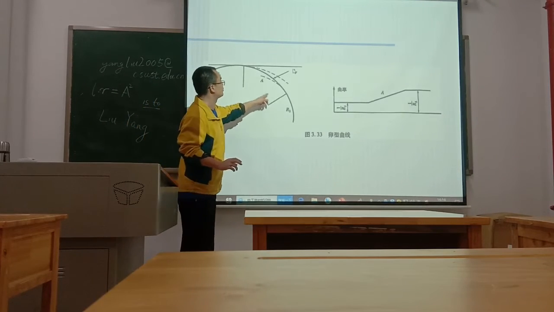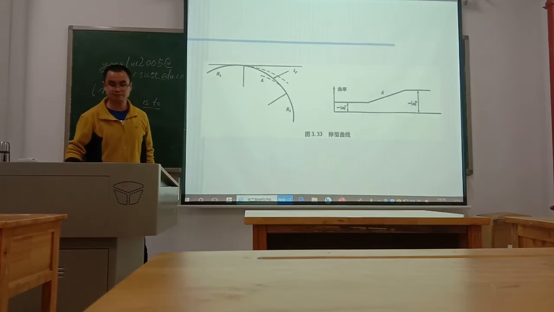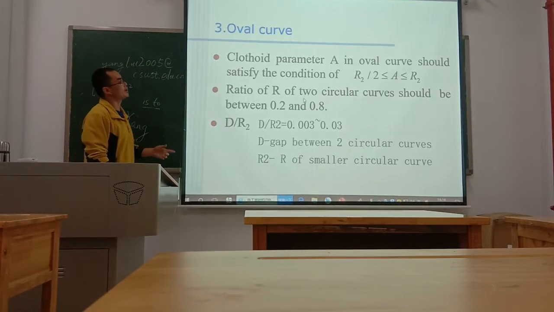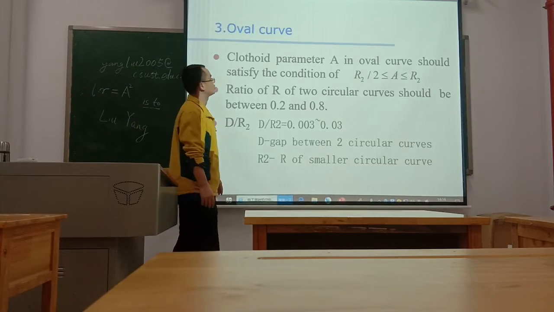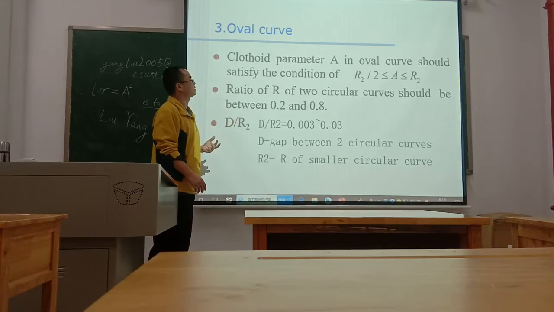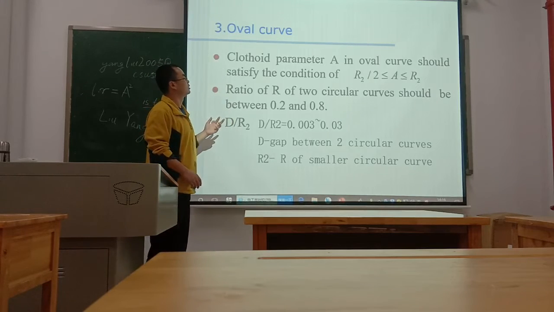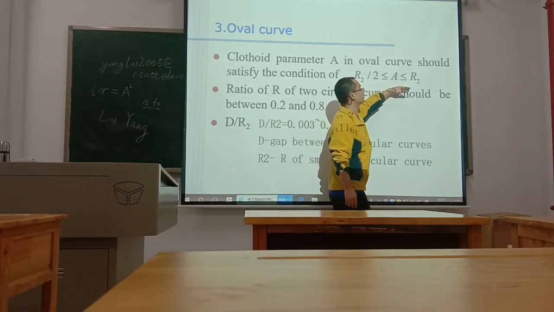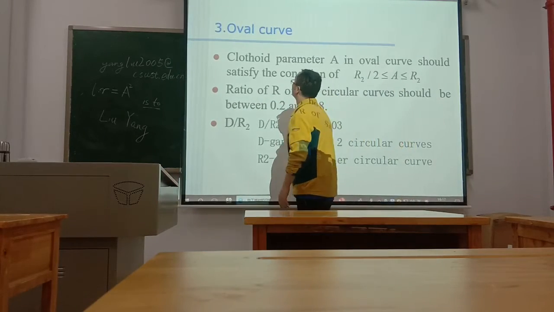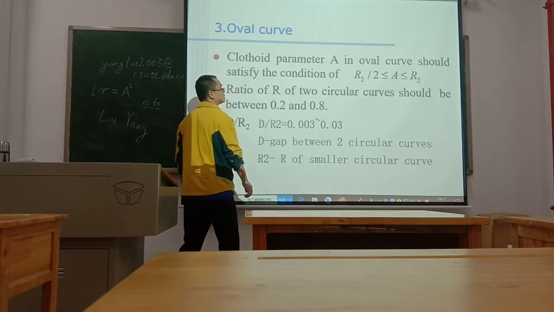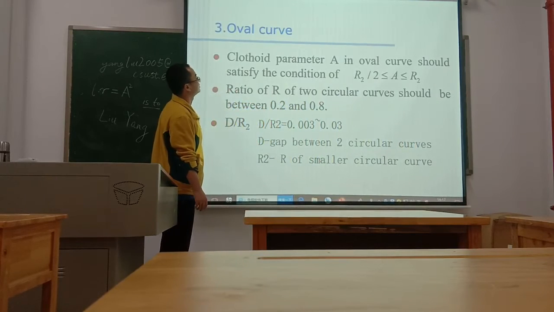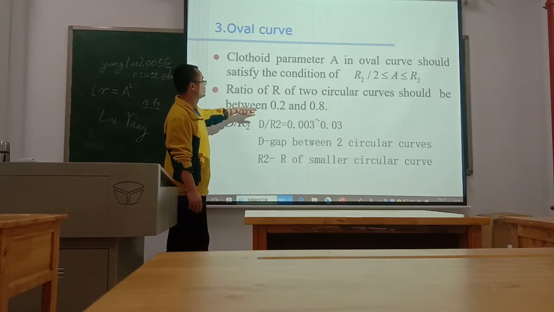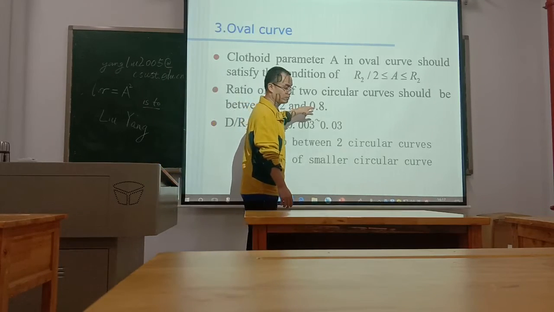Circular curve 1, circular curve 2. The clothoid parameter A in an oval curve should satisfy the condition of this expression. The ratio of R of the 2 circular curves should be between 0.2 and 0.8.